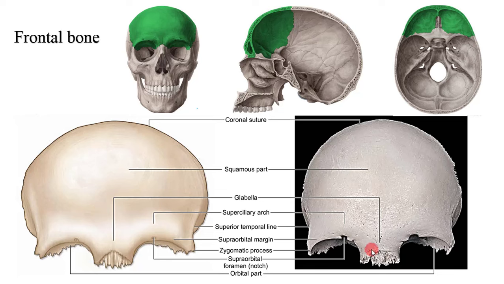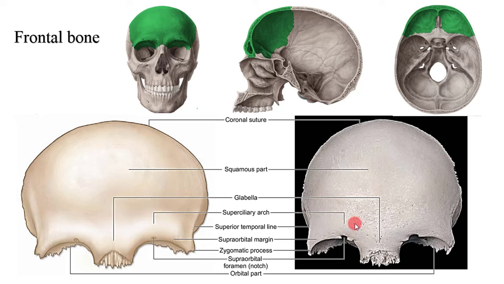The squamous part ends at the supraorbital margins, each of which forms the superior ridge of the orbit. The midpoint of each supraorbital margin contains a single supraorbital foramen or notch, and this is an important structure because this is where the supraorbital blood vessels and nerve pass through.